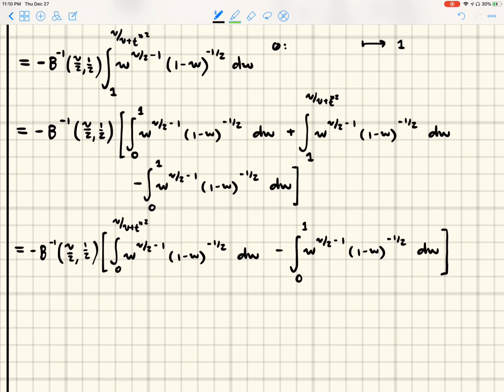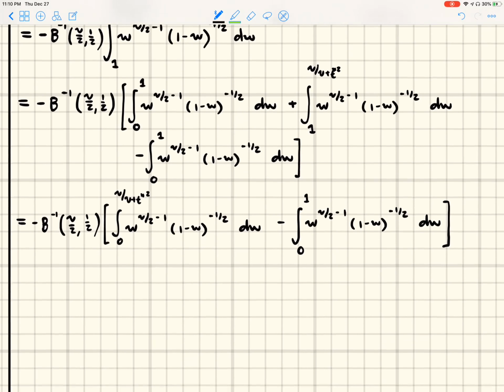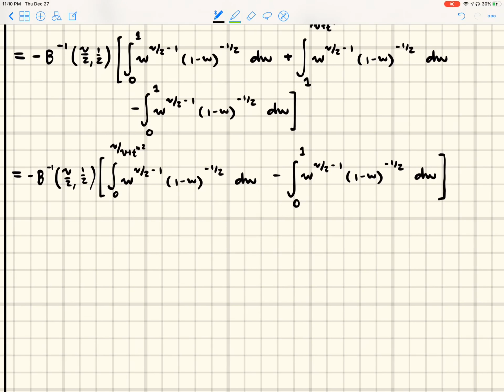And now I'm going to bring in some definitions. The first is just the definition of the regularized incomplete beta function, and that's simply this.